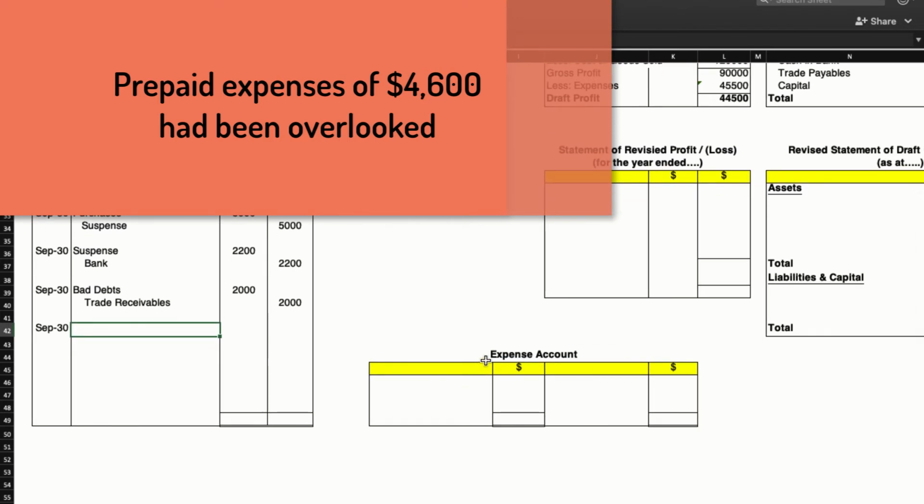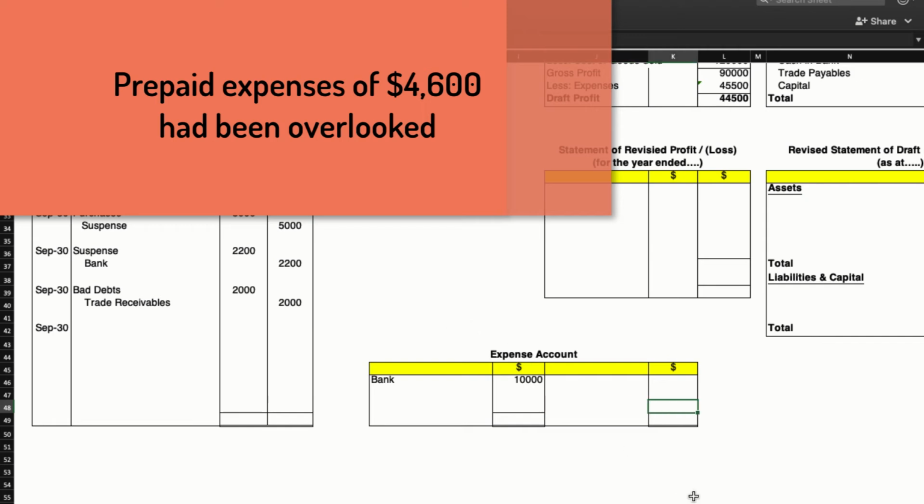When we pay an expense, we record that payment on the debit side of the expense account. Suppose I paid $10,000. So the increase in expense is debited. And out of this 10,000, $4,600 is prepaid. That belongs to the next year. So what we do is, opening prepaid we write on the debit side and closing prepaid we write on the credit side.